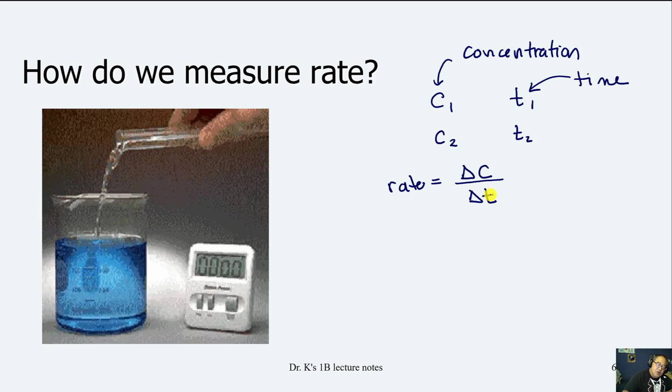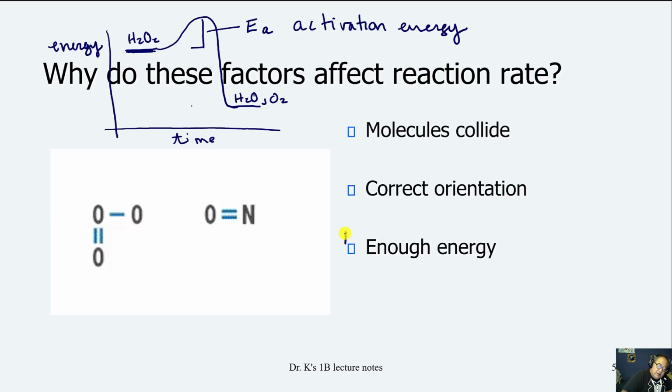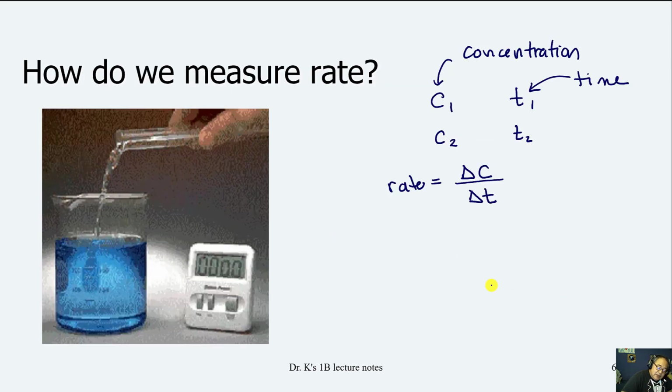Whenever we do delta, this is final minus initial. Remember doing delta H?